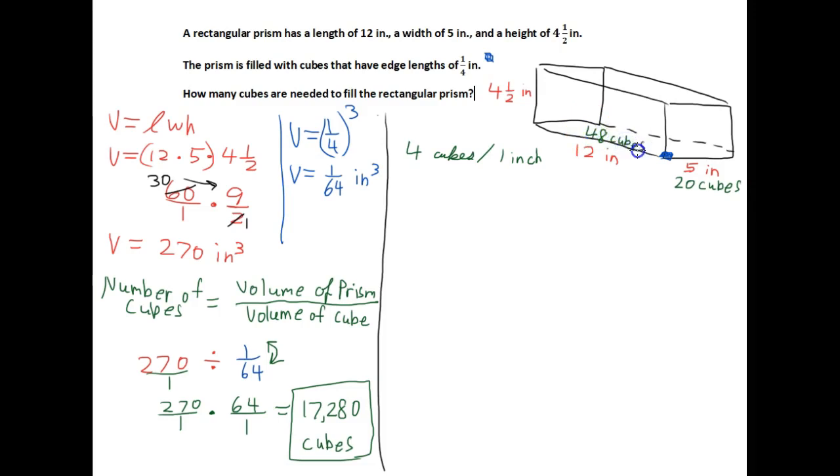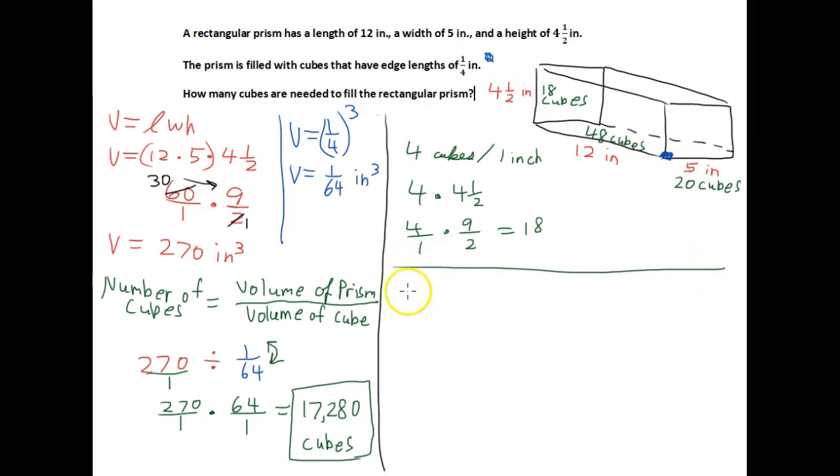long. And then the height, you have to think about this one a little bit. It's going to be 4 multiplied by 4.5. Or that is 4 over 1 multiplied by 9/2, which equals 18. Okay, so this is 18 cubes high. So now to find the number of little cubes, you're going to multiply 48 times 20 times 18.